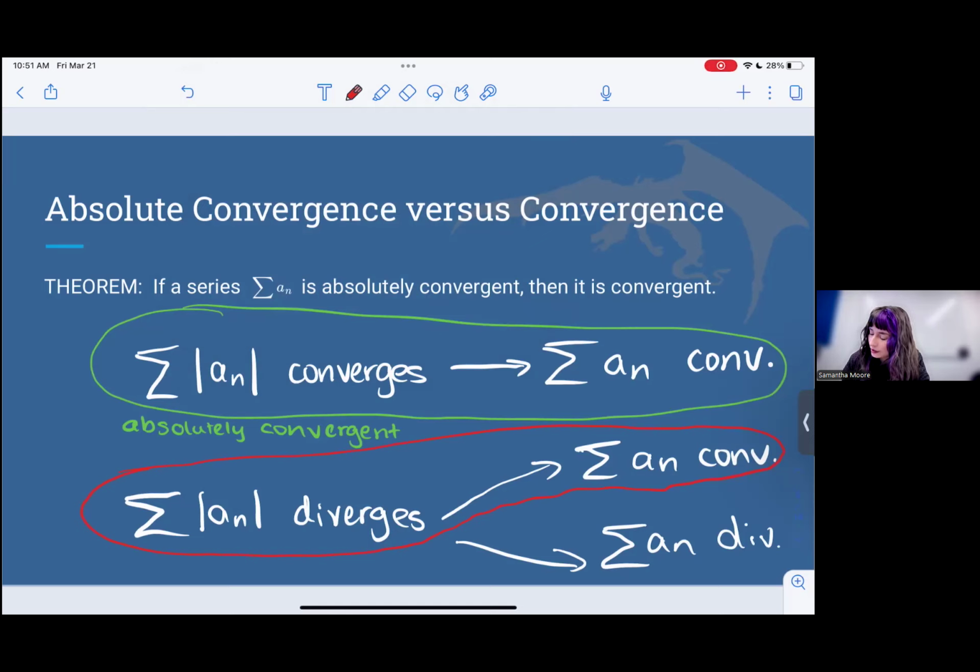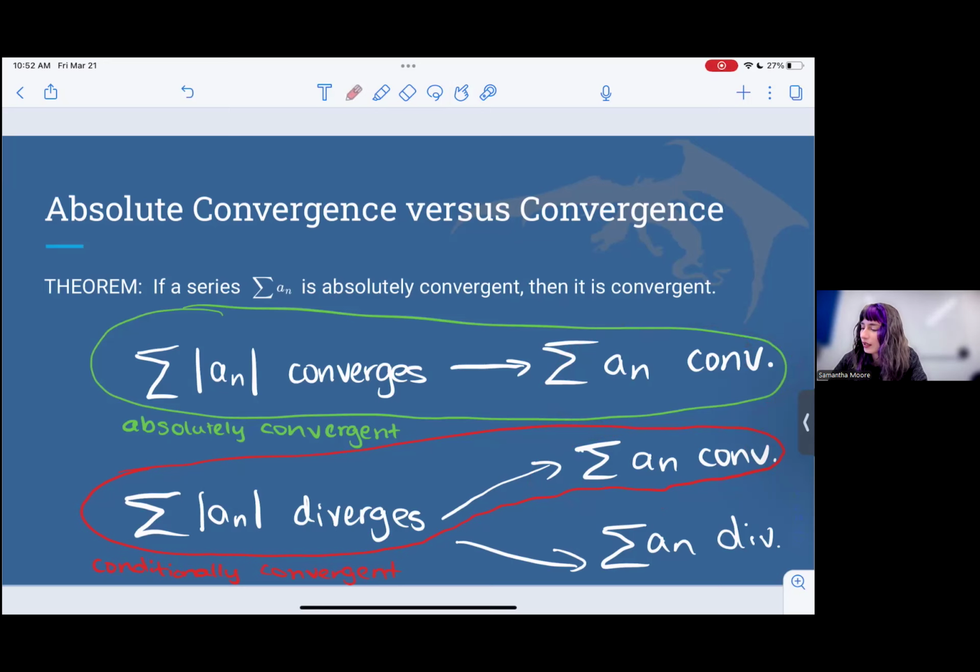This is called conditionally convergent. So these are the 2 settings where our original series converges. Basically we've taken convergence and divided it into 2 categories, conditionally convergent versus absolutely convergent.